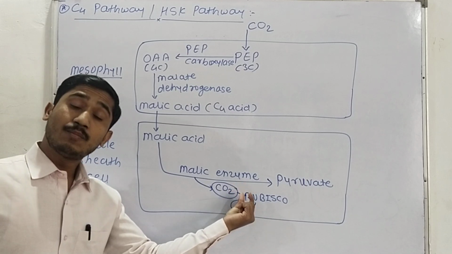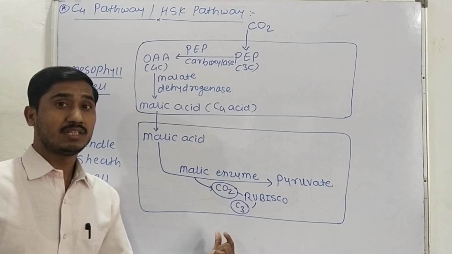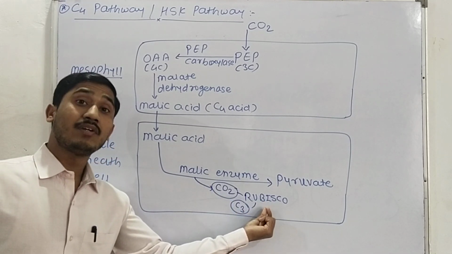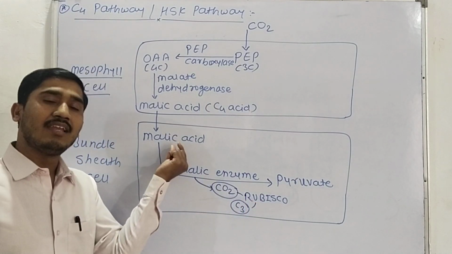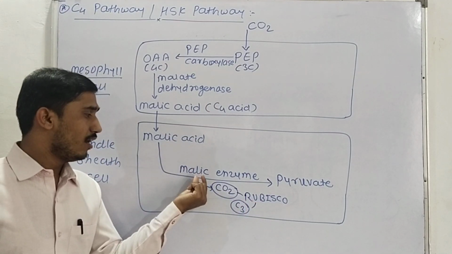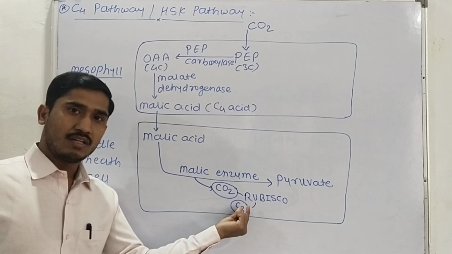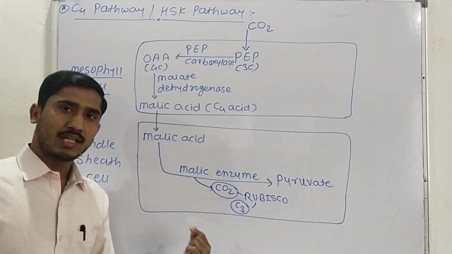These C4 plants perform the C3 mechanism for preparing their food material, but the CO2 needed for the activation of Rubisco comes from the malic acid. By CO2 fixation, Rubisco produces glucose by the C3 pathway.